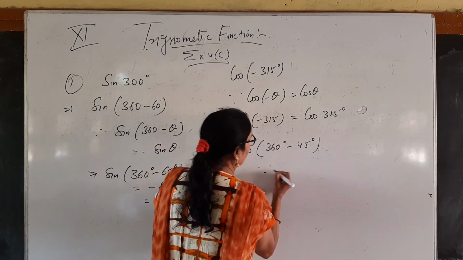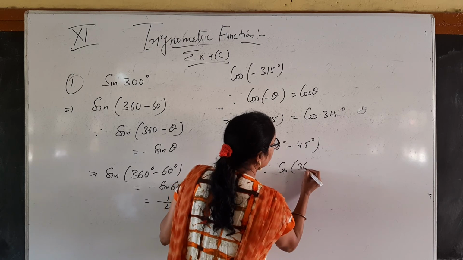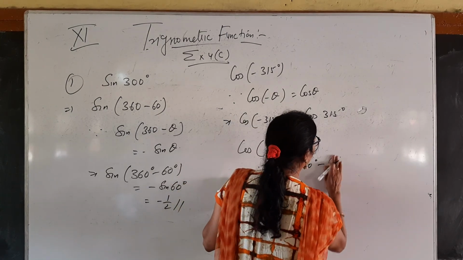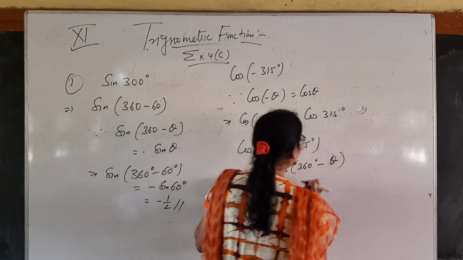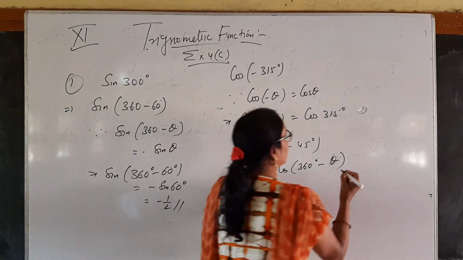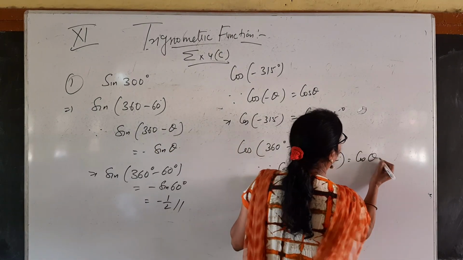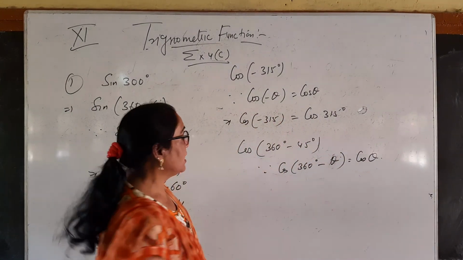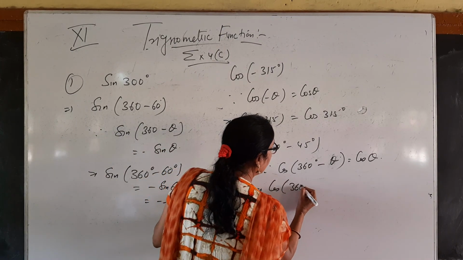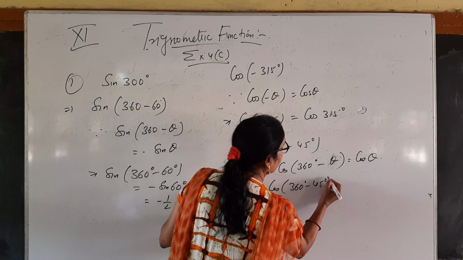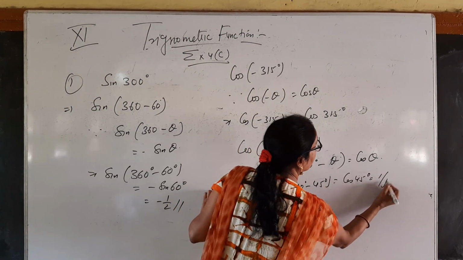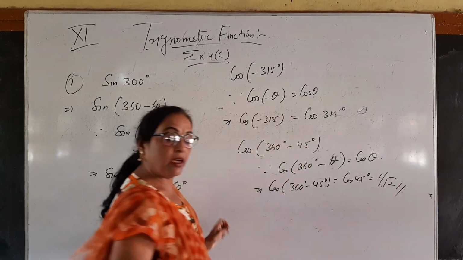And we know the formula: cos(360 minus theta) is equal to cos theta. So we will use it here. So cos(360 degree minus 45 degree) is equal to cos 45 degree, and cos 45 is 1 by root 2. So this will be the answer.